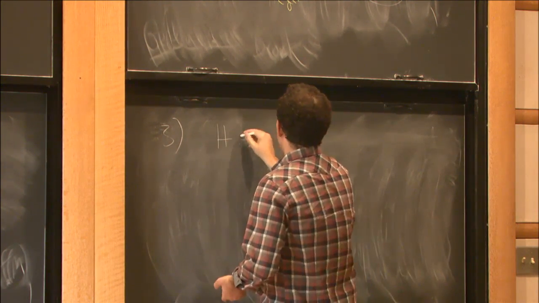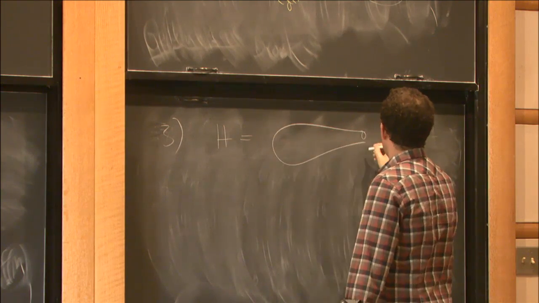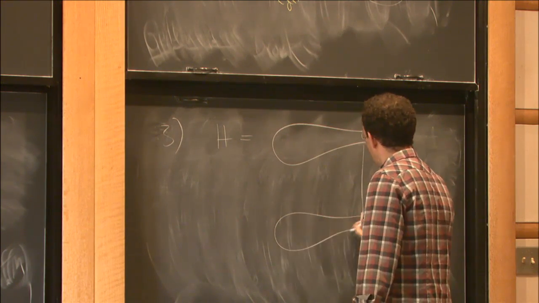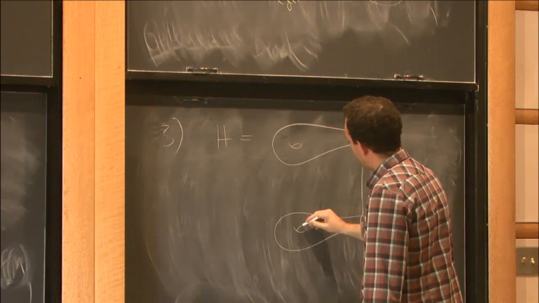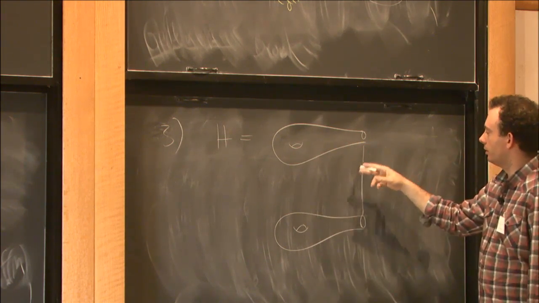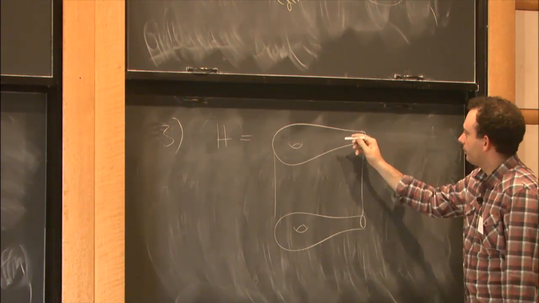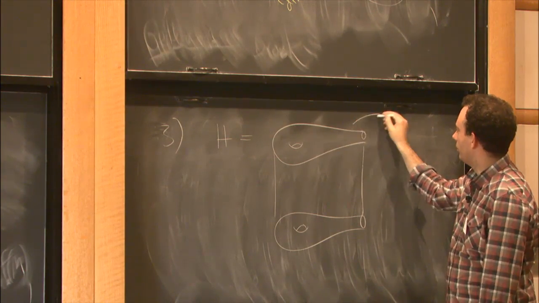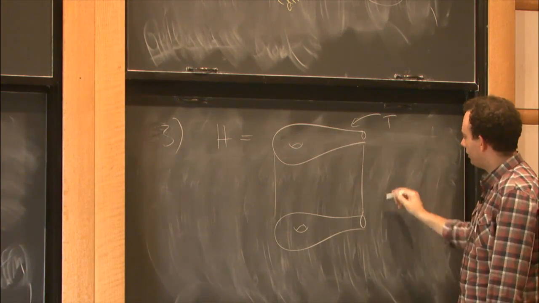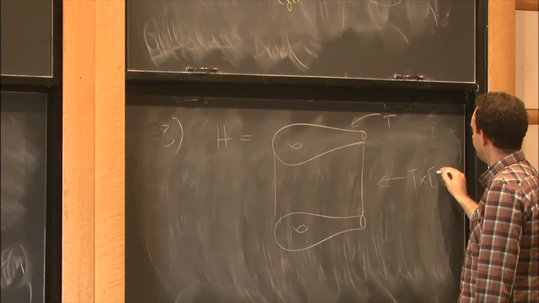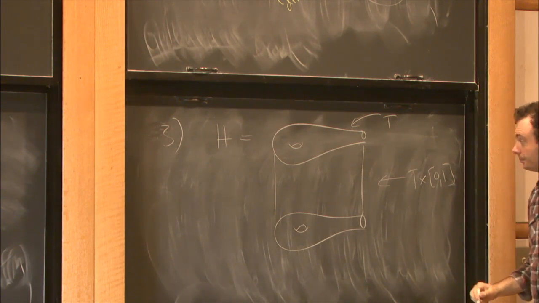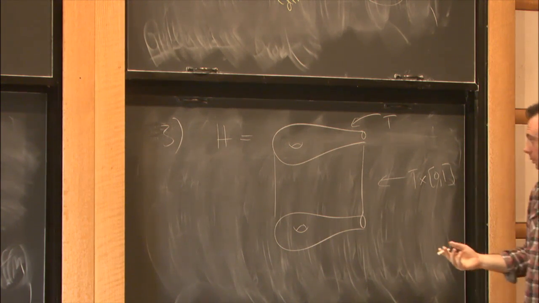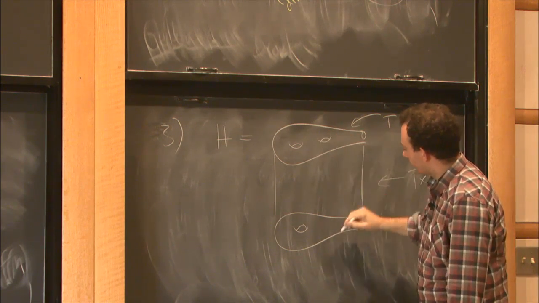Okay, so H you can regard as: you take a surface T with a boundary component, and then you take T cross I, so T cross [0,1]. And so, all right, let's put more genus on so I have some room to move here.